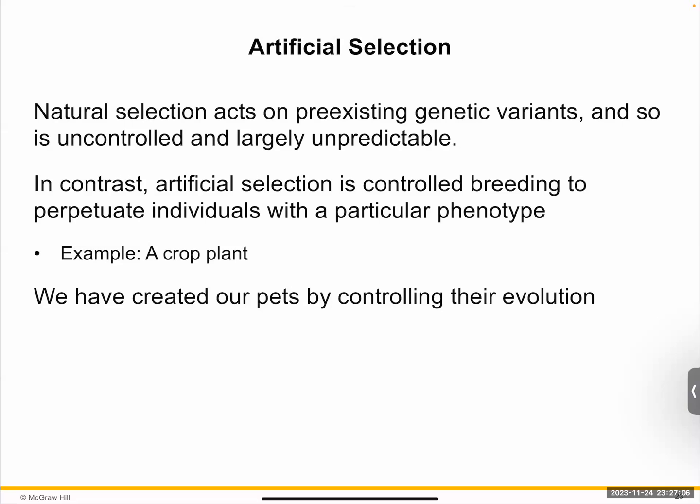This happens a lot in our plants, and unfortunately it has also been happening in recent decades in our domesticated animals. So we're choosing for a very particular phenotype.